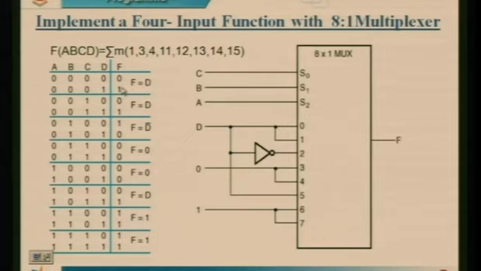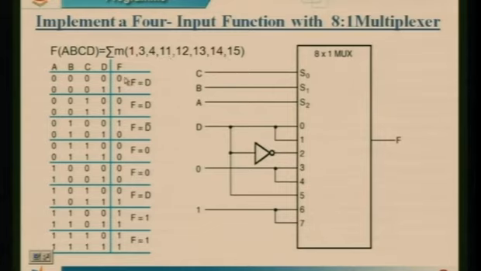So the output of the truth table is F, the inputs are A, B, C and D with all 16 combinations. The single output represents this function, where small m represents min terms, summation of min terms 1, 3, 4, 11, 12, 13, 14 and 15.